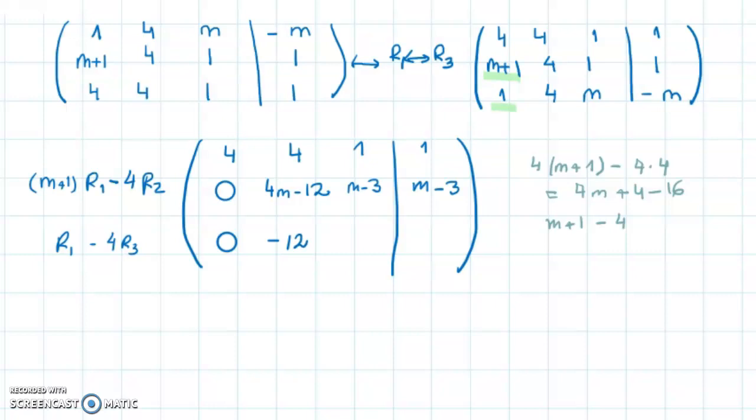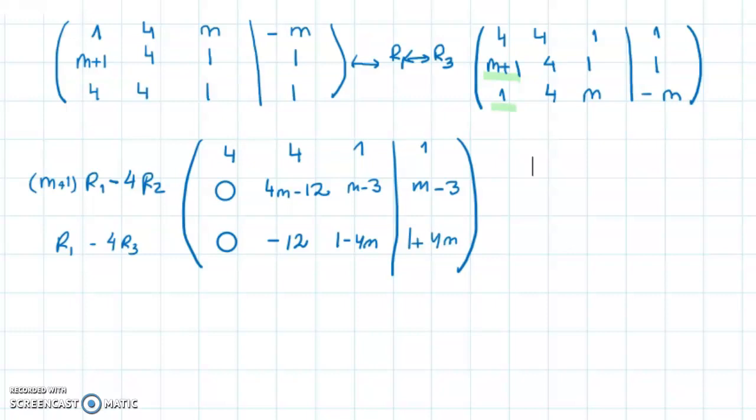And then I'm going to have 1 minus 4m, and then for the last entry, 1 plus 4m. I don't need these notes over here, just delete.